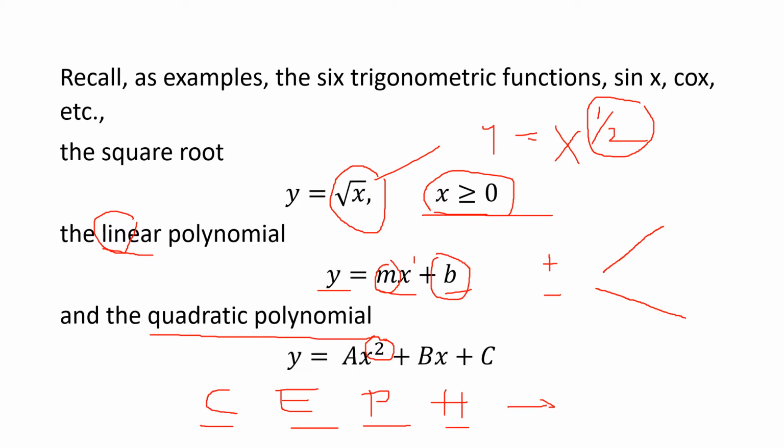So if we input, for example, x is equal to 1, then it provides you y is imaginary, or it provides you a math error, then the given equation is not a function. So you need to check before you conclude that this quadratic equation represents a function or not.